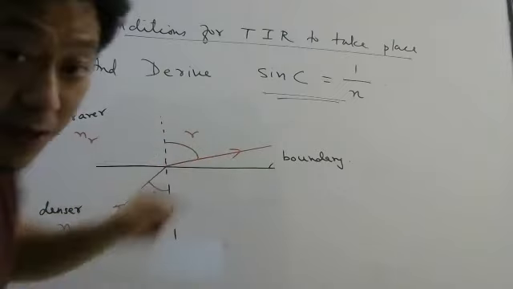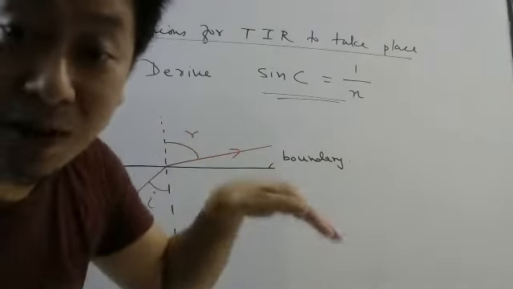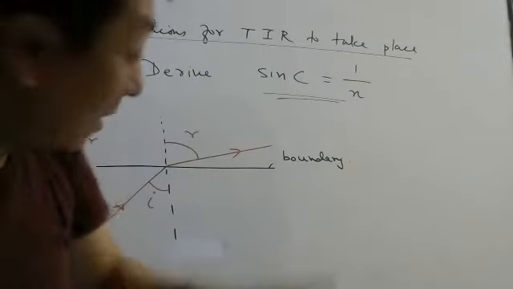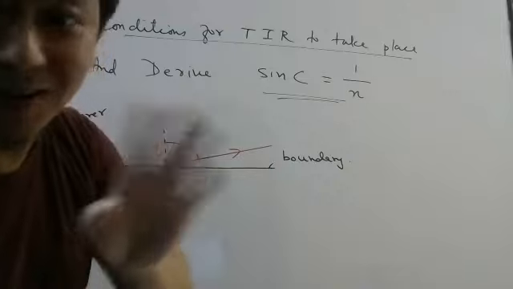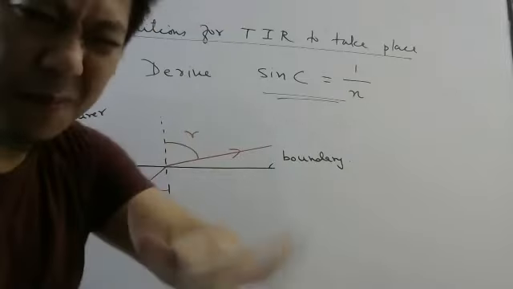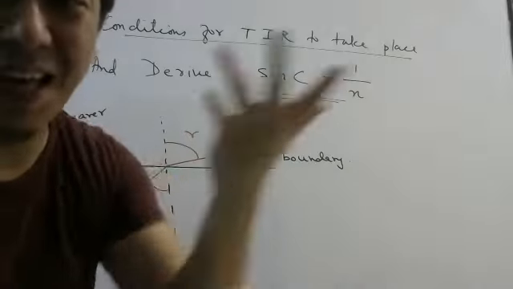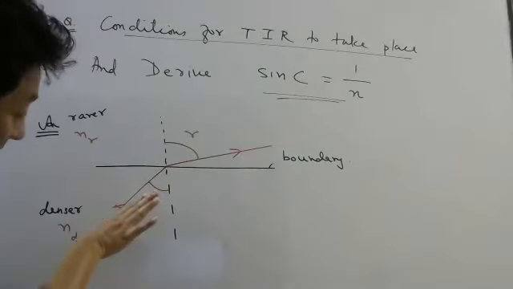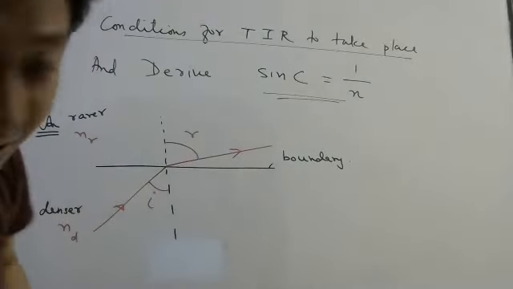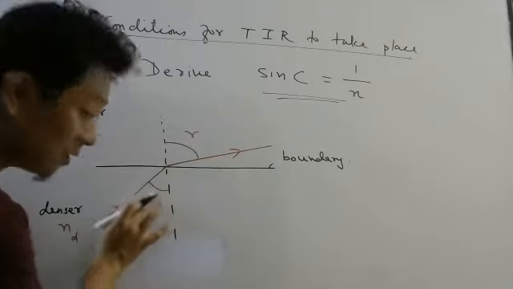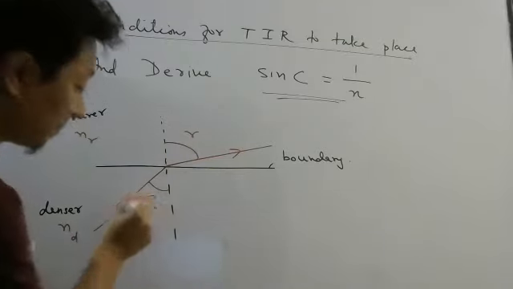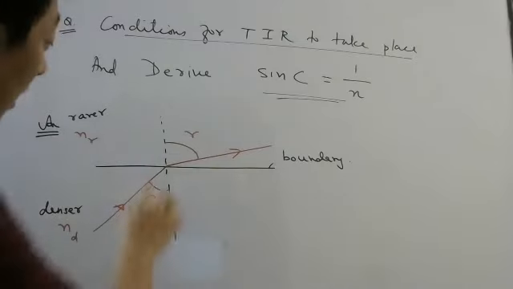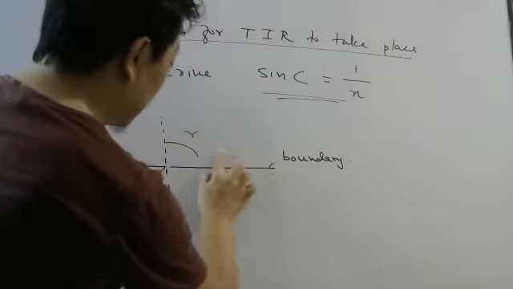So the light will be internally reflected. Even if this is just a boundary, it is not a mirror. It's just a normal boundary between water and air, let's say. So if you keep increasing the angle of incidence, when the angle of incidence becomes equal to the critical angle, that time your light will not go like this.